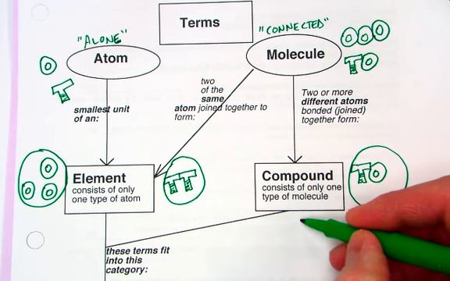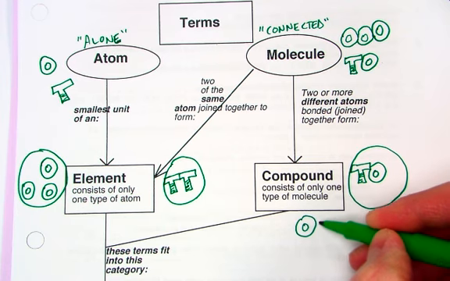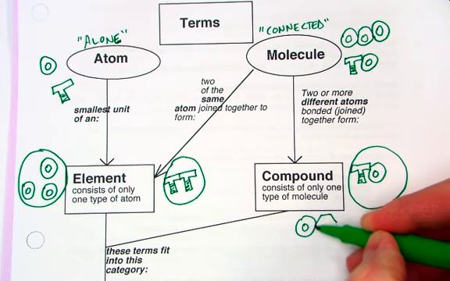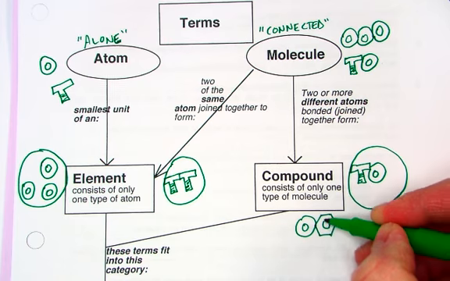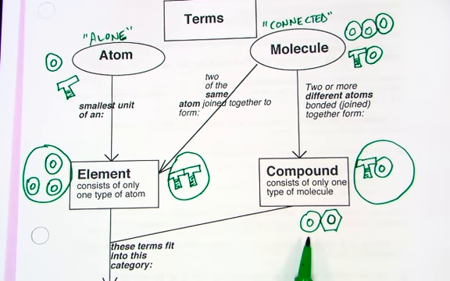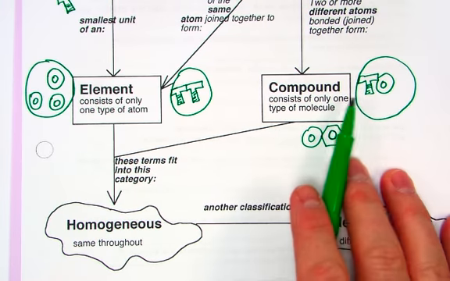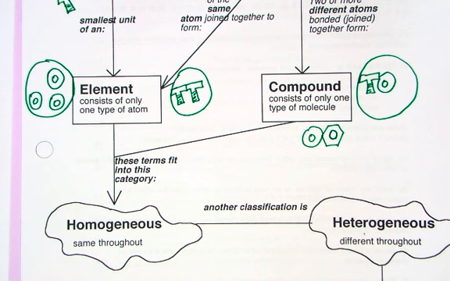Also, another thing that you could consider a compound, let's say we had a washer and a nut. So that would be considered a compound as well on the big scale. All right, move that up a little bit. So that's what these can look like on kind of a big scale.